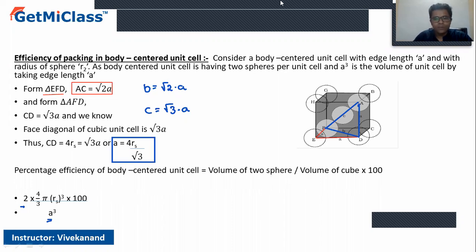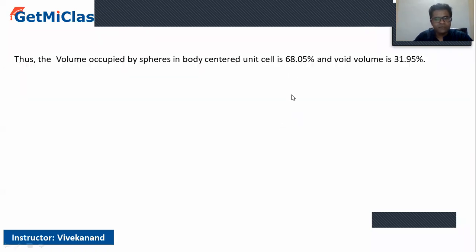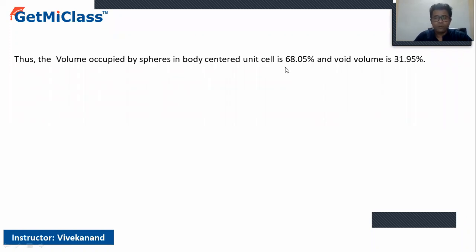When we simplify the calculation, it comes to 68.05% as the volume occupied by spheres, and the void volume is going to be 31.95%.